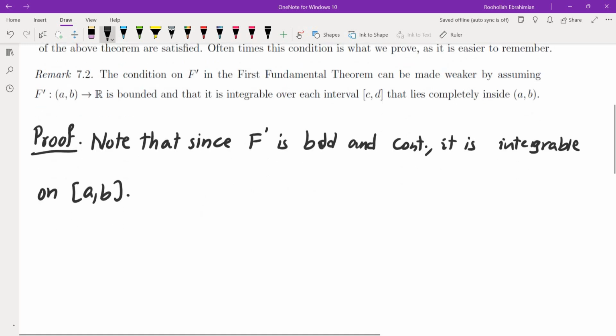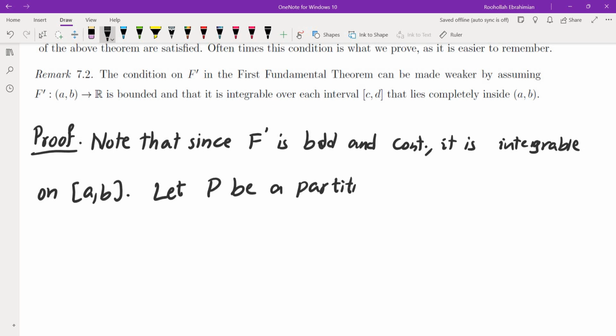So let's write down an upper sum of f prime. Let P be a partition of ab.